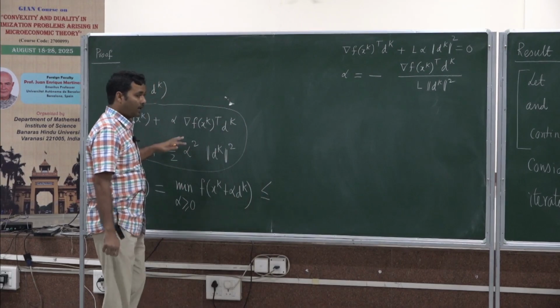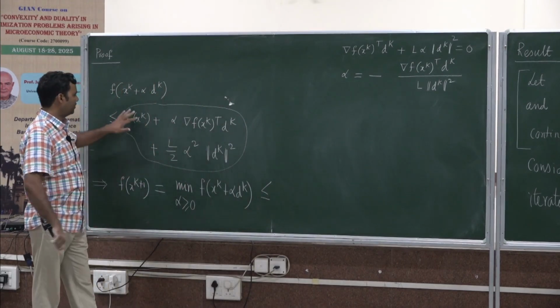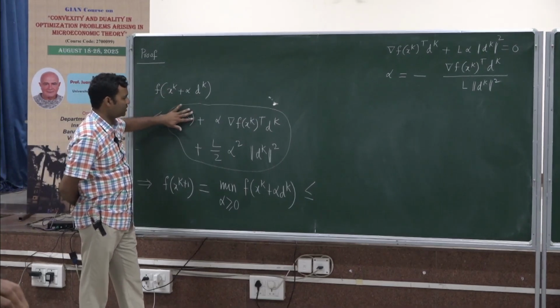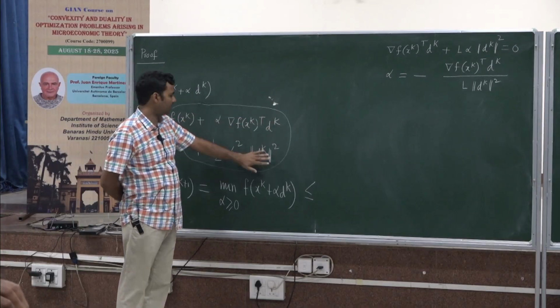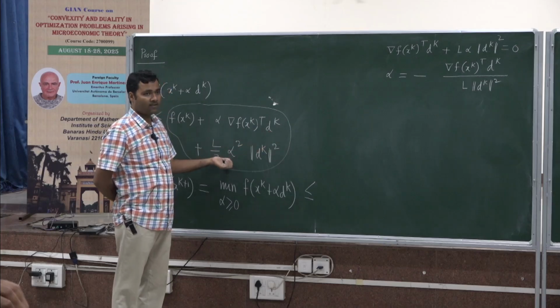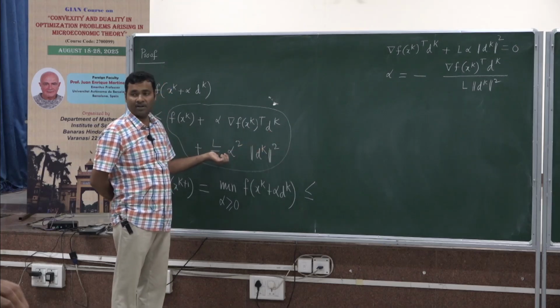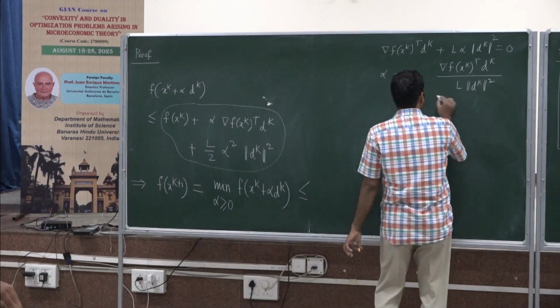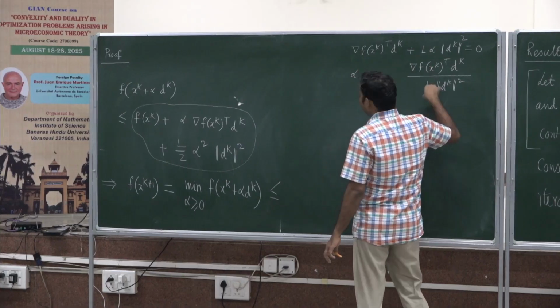For any particular k, this is a constant, this is a constant, this is a positive constant. Wherever the gradient value is equal to 0, we will have the minimum. And this minimum is at a positive alpha.